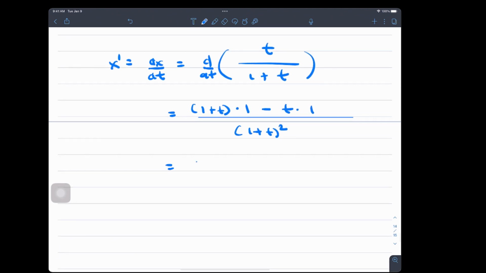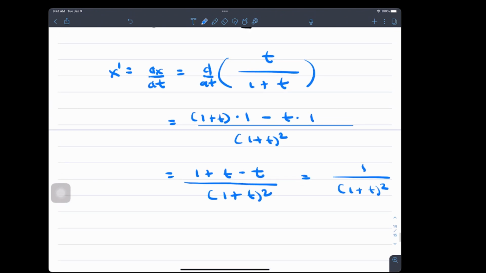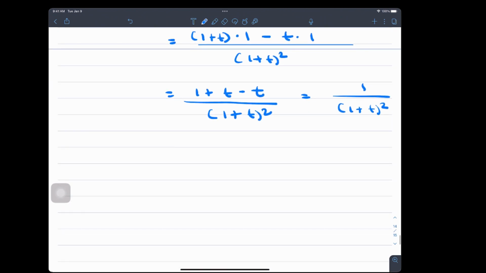And so that's 1 plus t minus t over that 1 plus t squared, which gives you simply 1 over 1 plus t in parentheses squared. So that's your dx dt, that's your x prime. Are we okay with that? You guys got that for the derivative? Looks like we're okay, right?